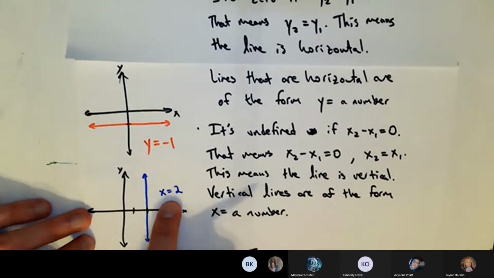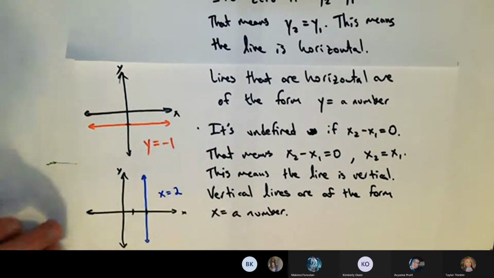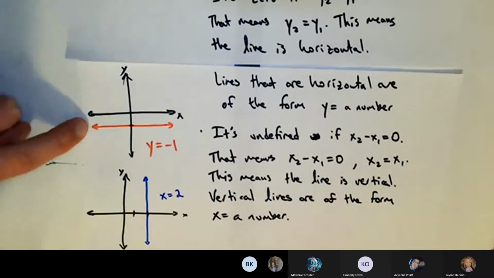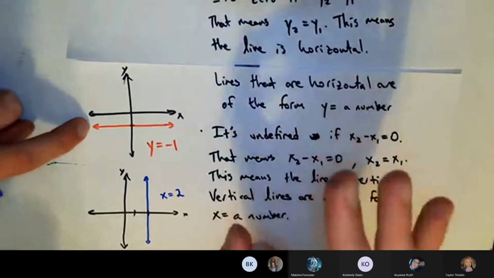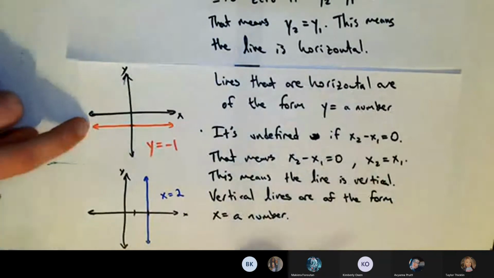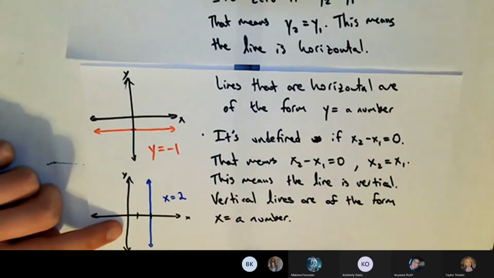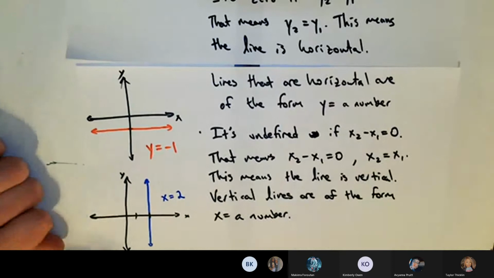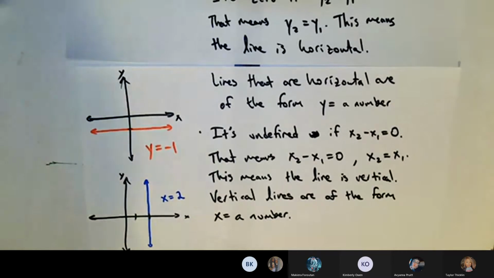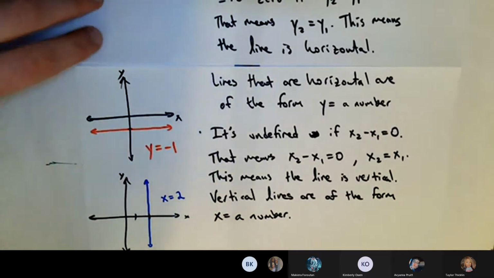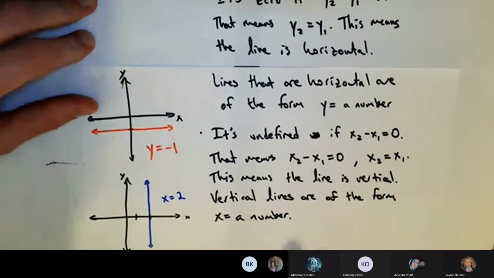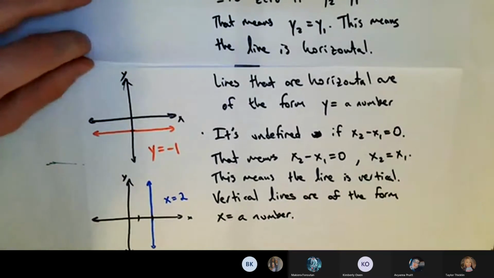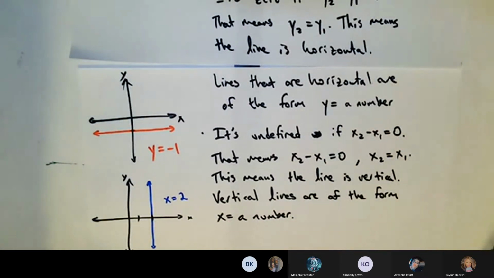That little equation describes this whole line. And we say that this red line here, this horizontal line, has 0 slope because it's flat. And this line here, a vertical line, has undefined slope. Cool. All right. So those are the special cases. So now let's get back to working with the generic y equals mx plus b, not just the special cases.